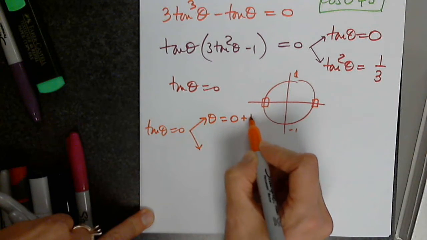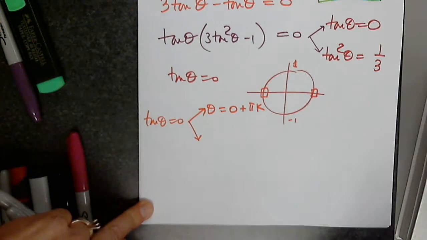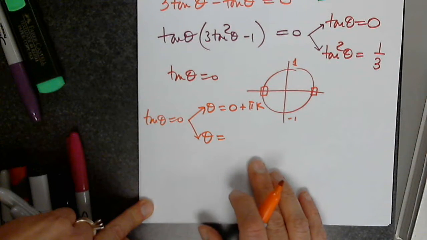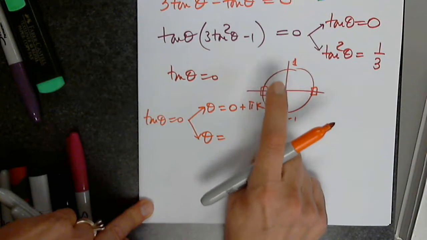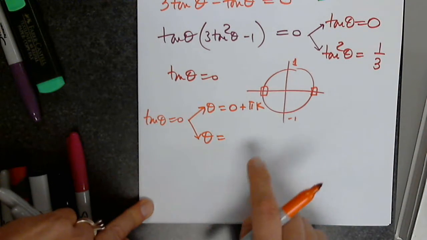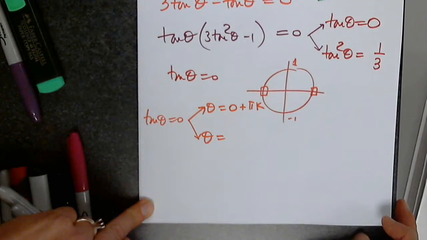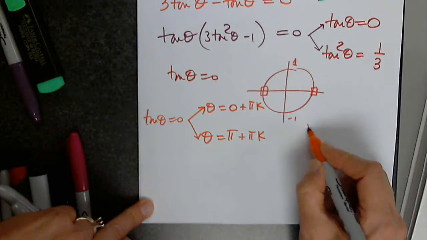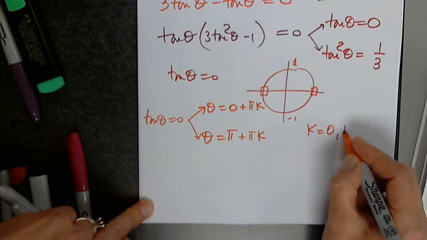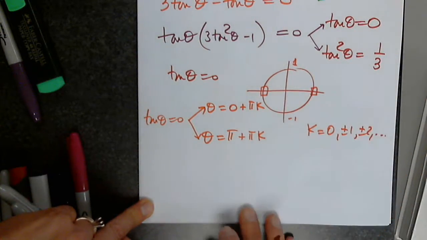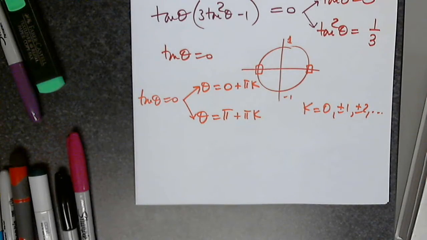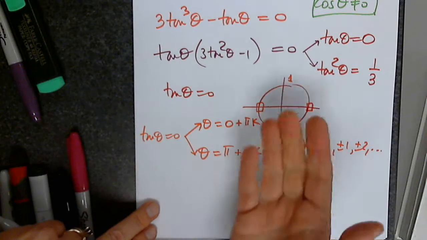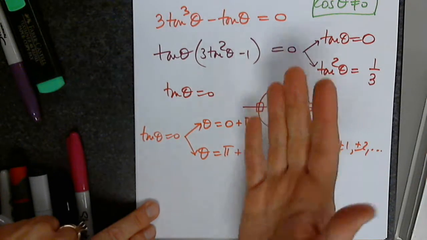Theta is 0 plus pi k. Of course, you can disregard the 0. And the other option is pi. So it's pi plus pi k, and I have to explain what k is, and I have to always write it: 0, plus or minus 1, plus or minus 2, and so on and so forth. So for any of these solutions, you can disregard the pi k for a second.